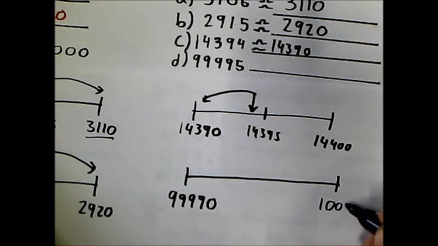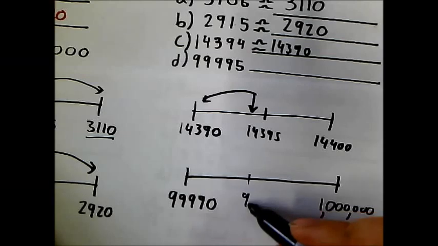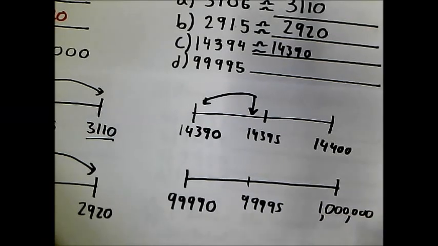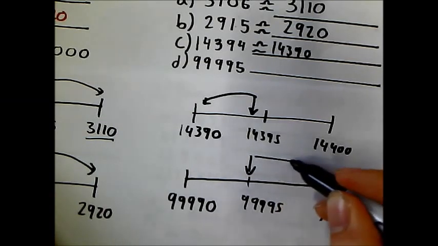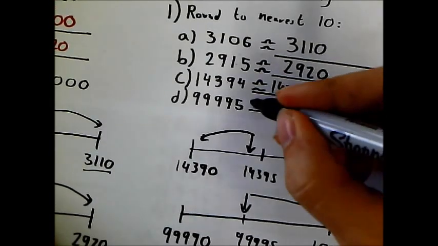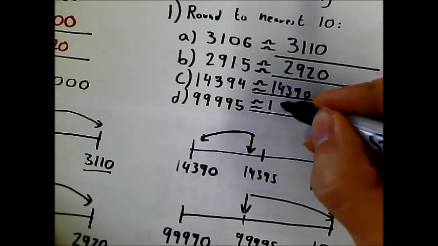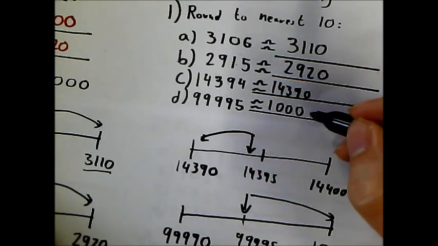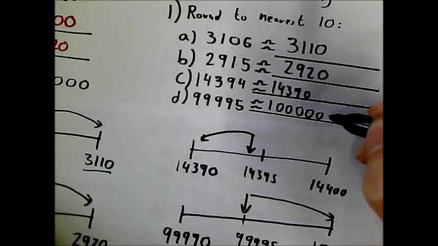So halfway is 999,995. My number is exactly halfway, so it's going to round up to approximately 1,000,000.